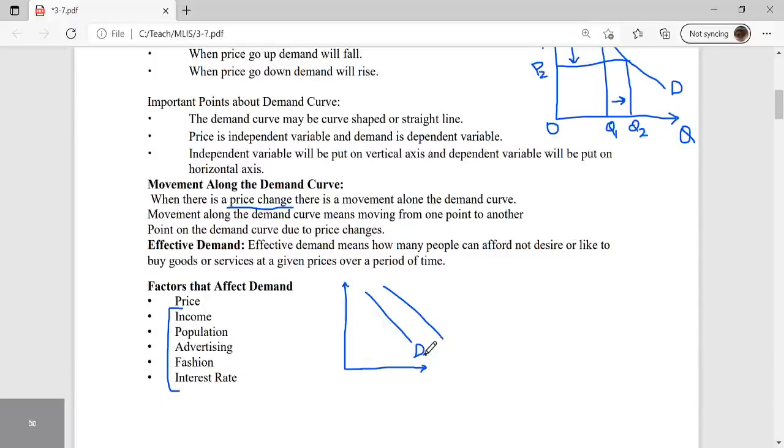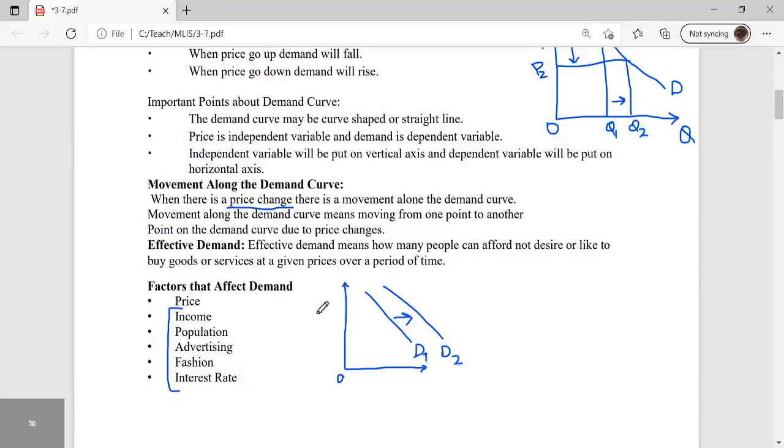It is shifting to the right, from D1 to D2, a totally new demand curve. When it goes rightwards, it is getting away from 0, so that means demand is increasing, right? And if it gets closer to 0, it is known as a leftward shift, and that means demand is falling.